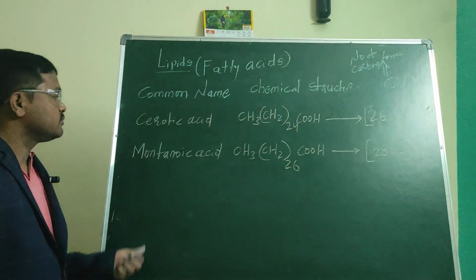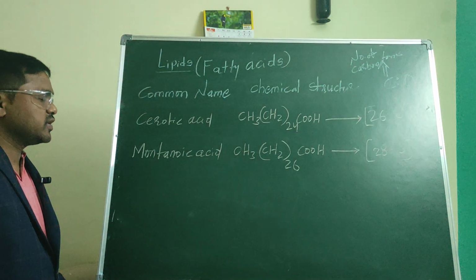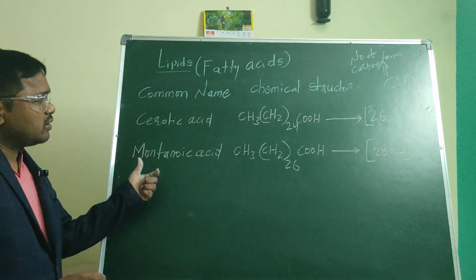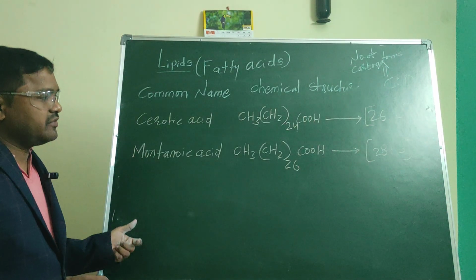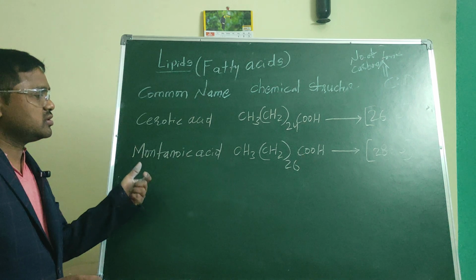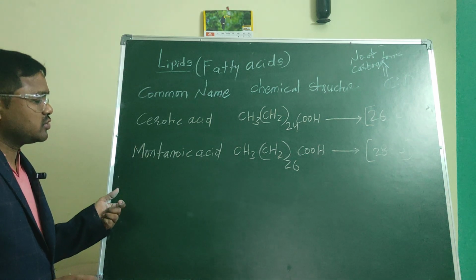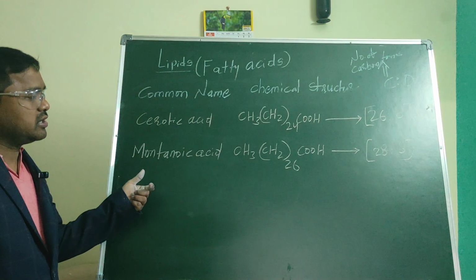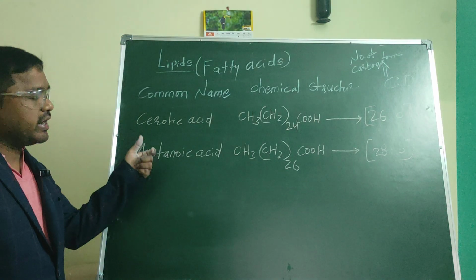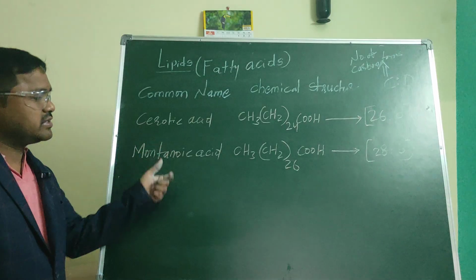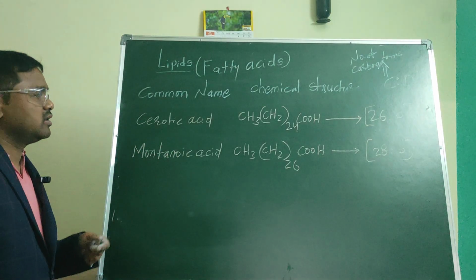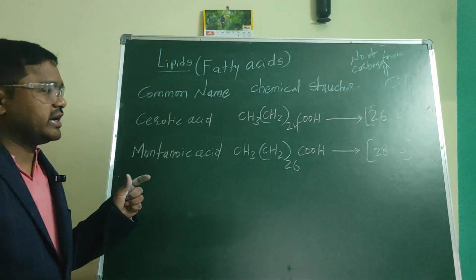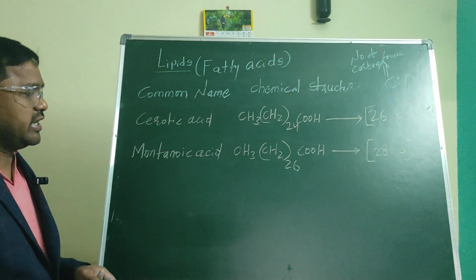Naturally occurring fatty acids are usually even chain fatty acids because the number of carbon atoms added every time is 2. So usually the natural fatty acids are even chain fatty acids. These are some important saturated fatty acids we have studied.